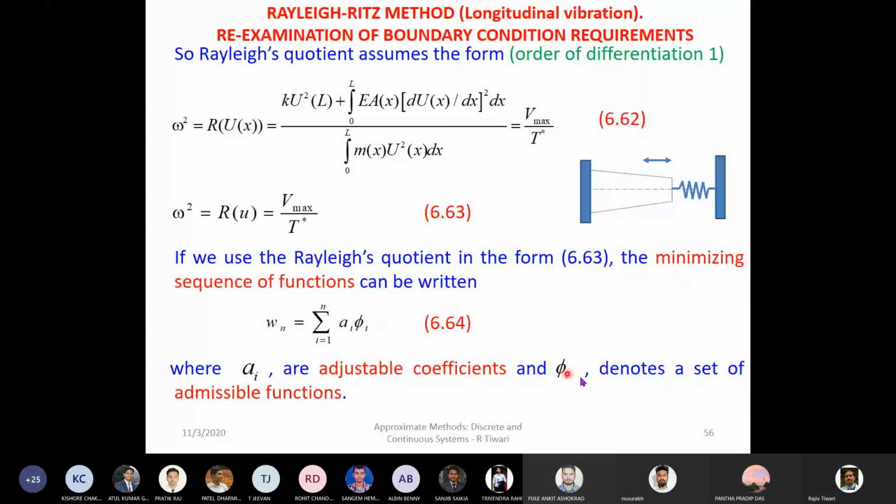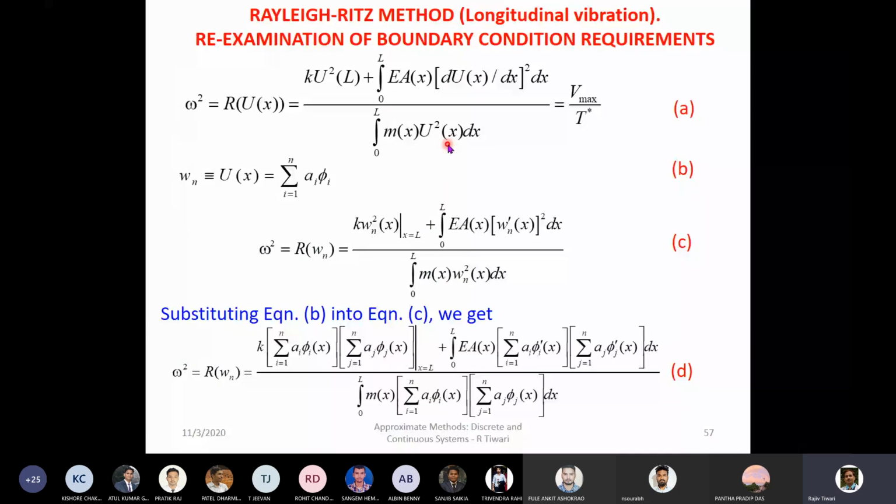So now let us see how the formulation changes because of this change. So now what we will do, we will substitute this chosen sequence of function in the Rayleigh's quotient. Basically, this is the same Rayleigh's quotient expression. Now this is the choice of this.